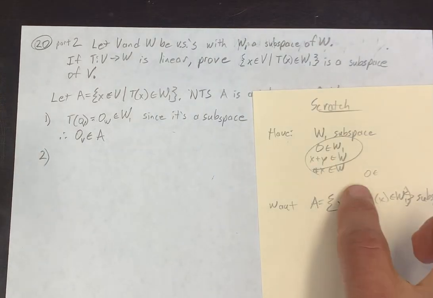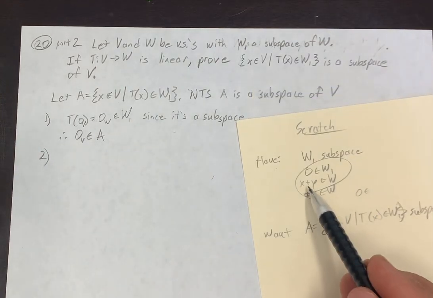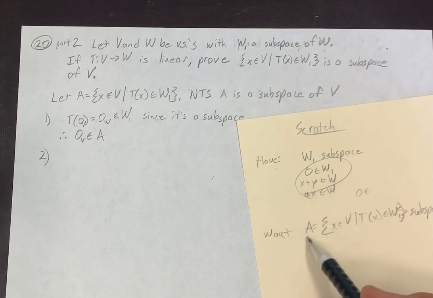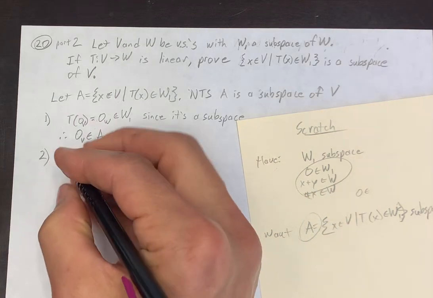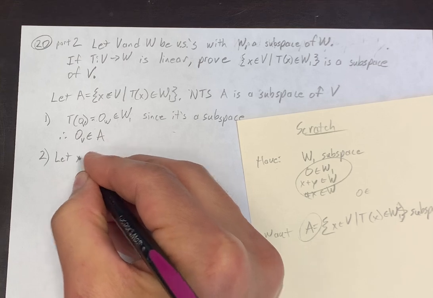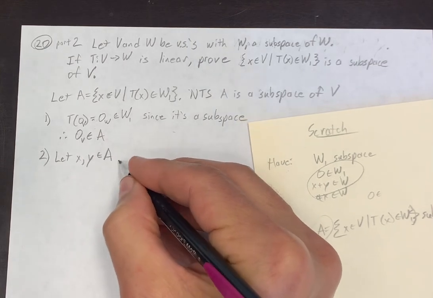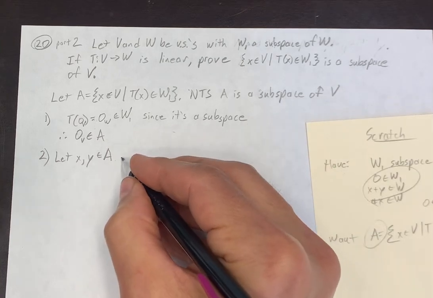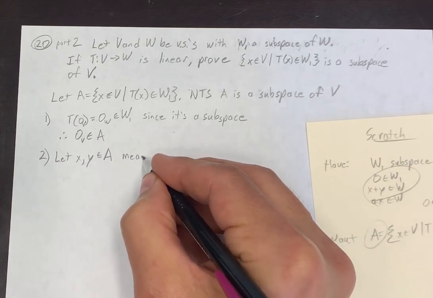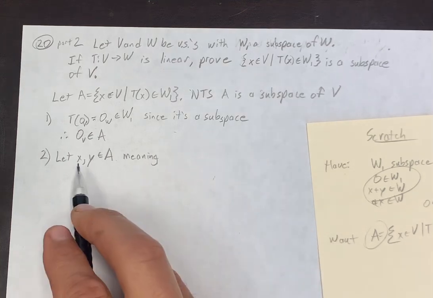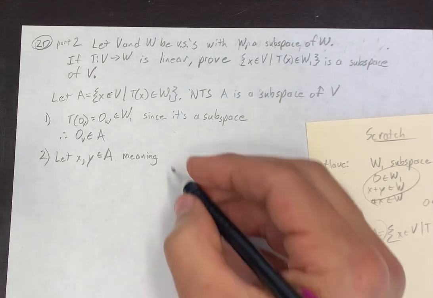Second part of the subspace test, I've got to pick two elements in here, right? This is what I'm trying to show. So let X and Y be elements of A, meaning, what's it mean that they're elements of A?